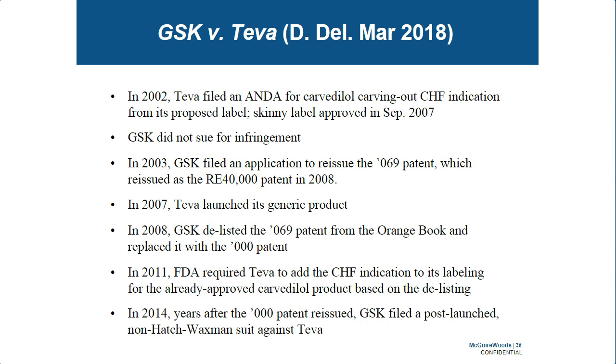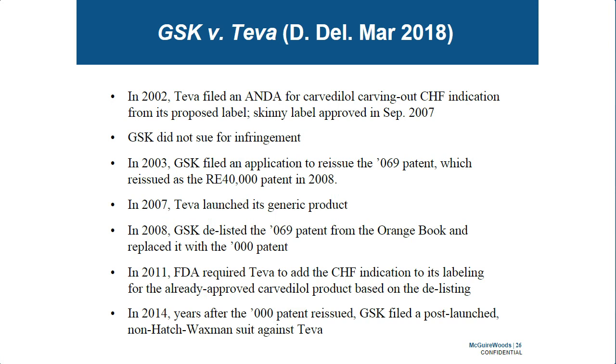In 2007, Teva launched the generic drug product. And then in 2008, GSK decided to delist the 069 patent because that patent had been reissued as the 000 patent. So they replaced the 069 patent with the 000 patent.